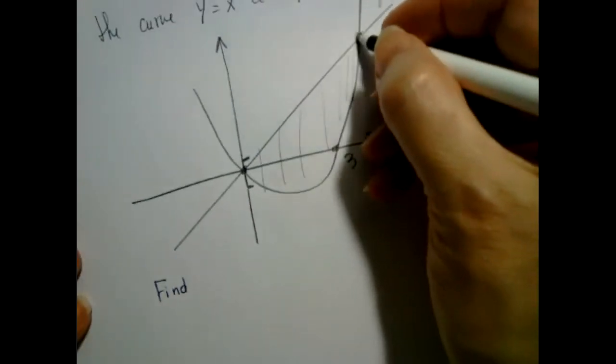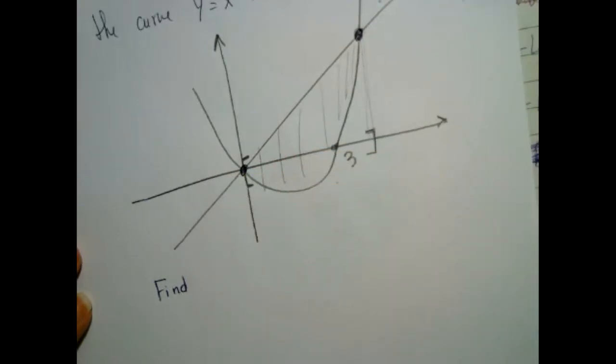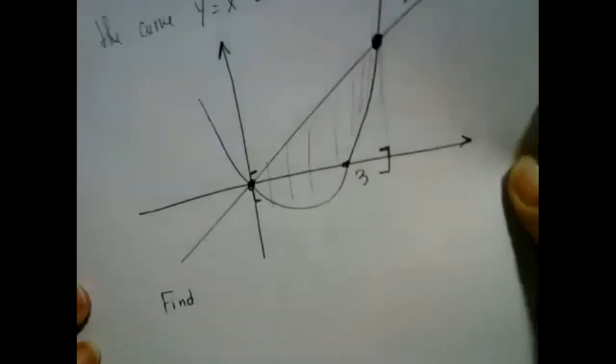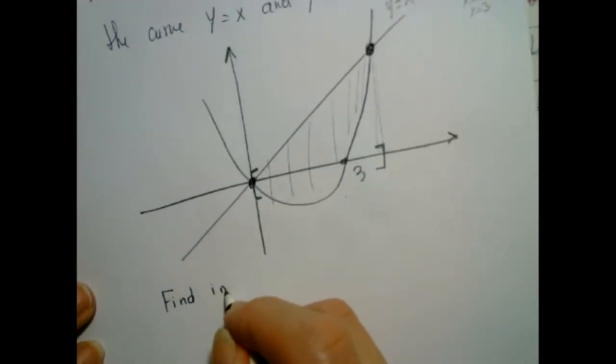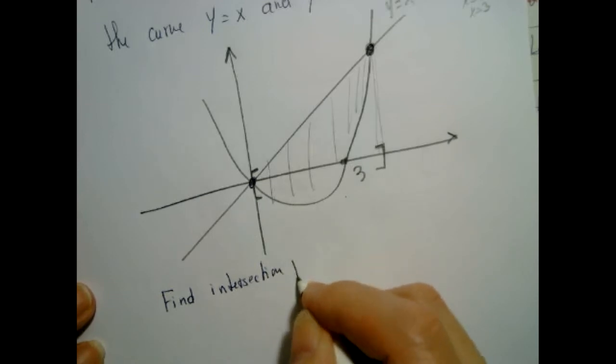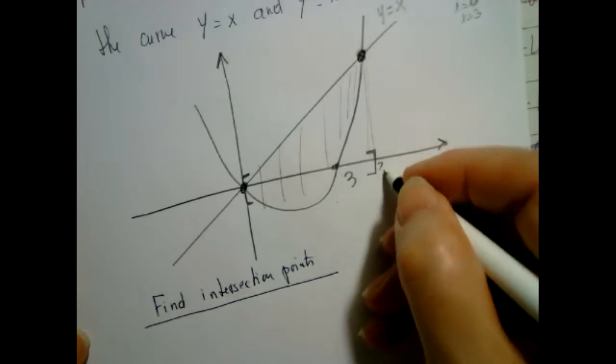How do you think I find this point and that point? What do I look for? Do you set them equal to each other? Exactly, because what do I need to find? Their intersection point. Otherwise, I really don't know what this point is.